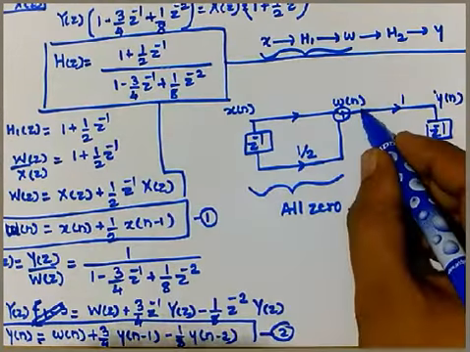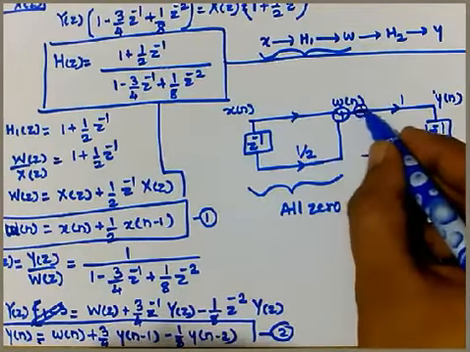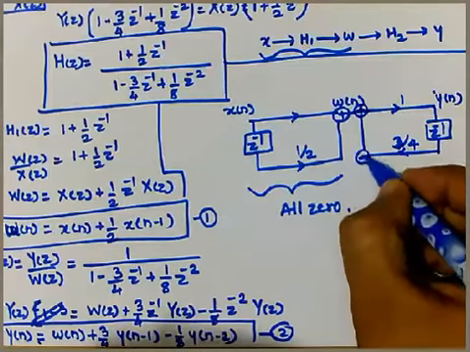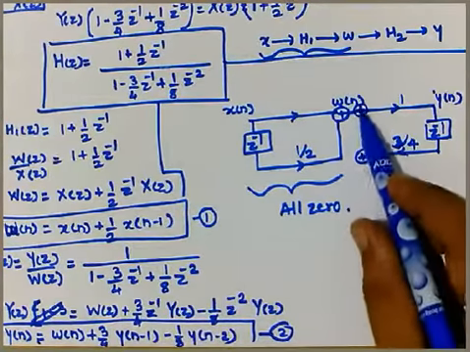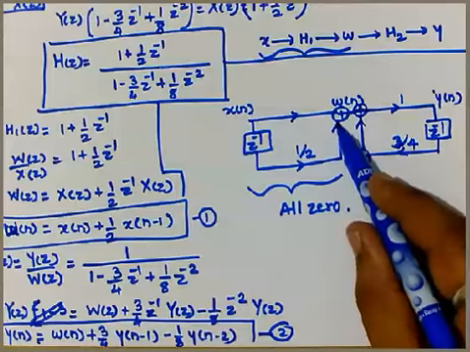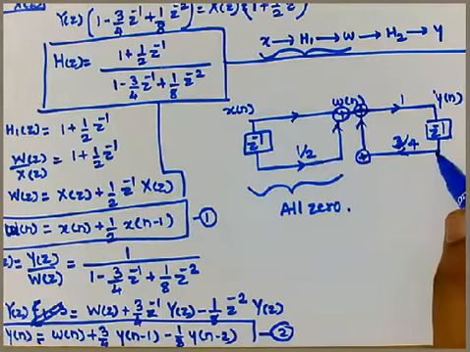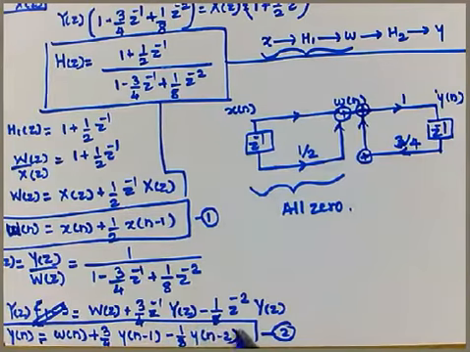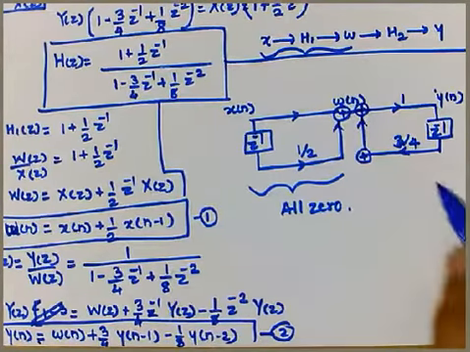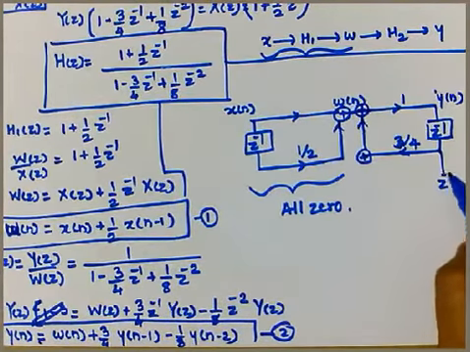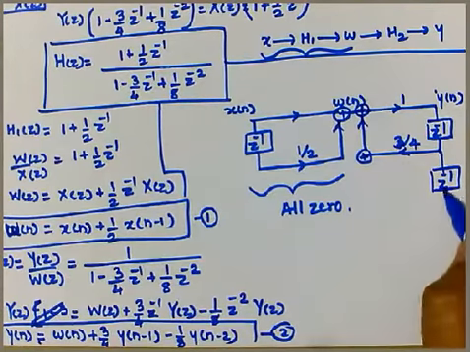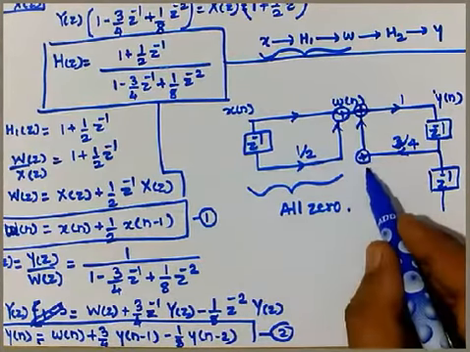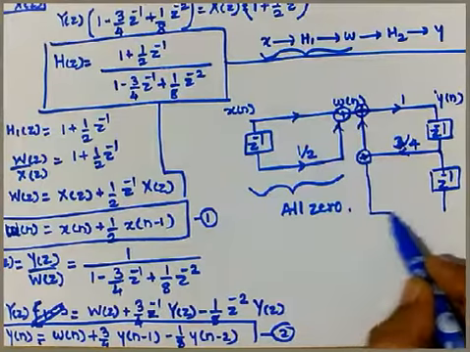Similarly, when we want to add it here, it will be simply done like this. Now for the next term, it is minus 1/8 y(n minus 2). So for y(n minus 2), add one more z inverse block, then it will be added here.